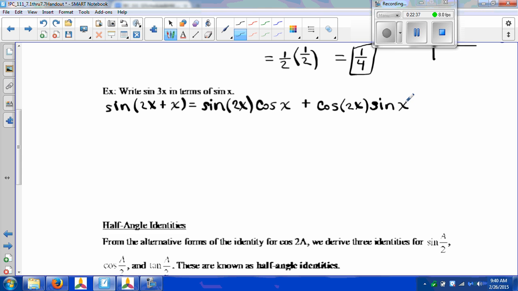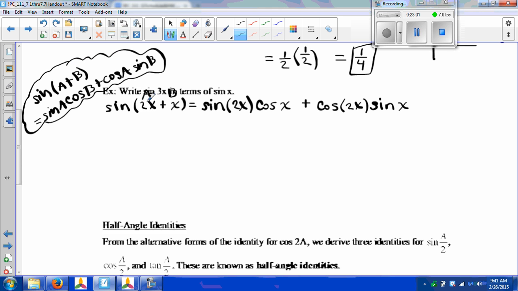If you're not sure what I'm doing here, this is a and this is b, and the sine of a plus b is sine a cosine b plus cosine a sine b. So that's what I'm using.